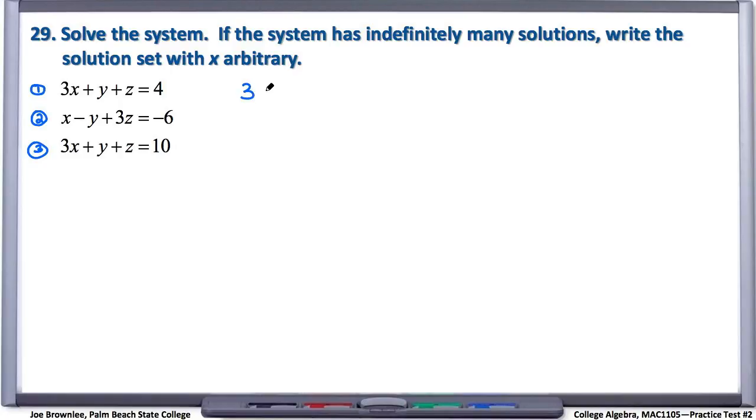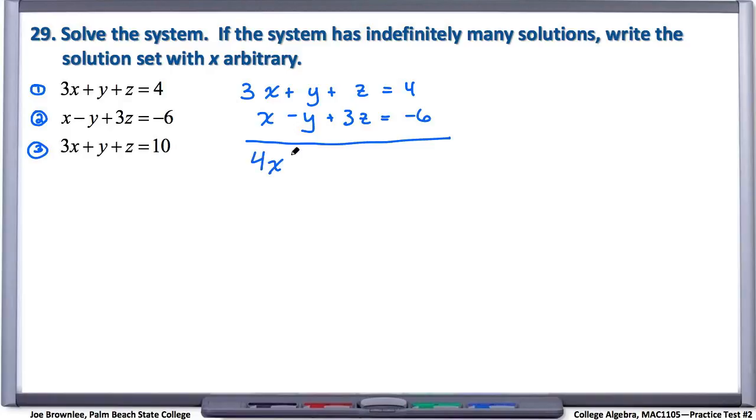So if we have 3x + y + z = 4, and x - y + 3z = -6. Again, those y's perfectly cancel, so that's why we're going to start with equations 1 and 2. So we have 3x plus x gives us 4x.